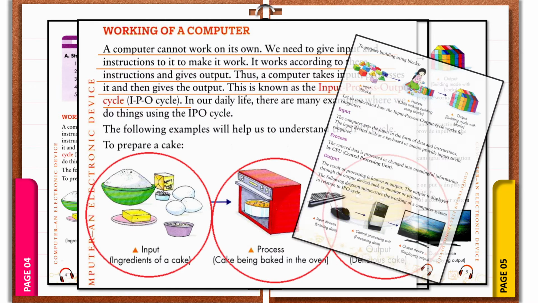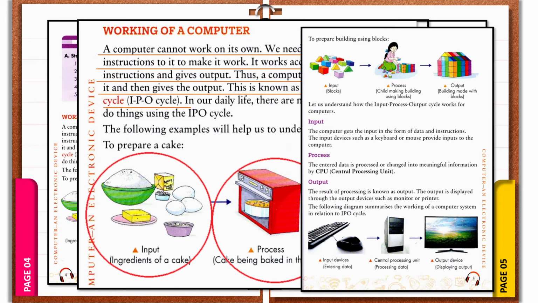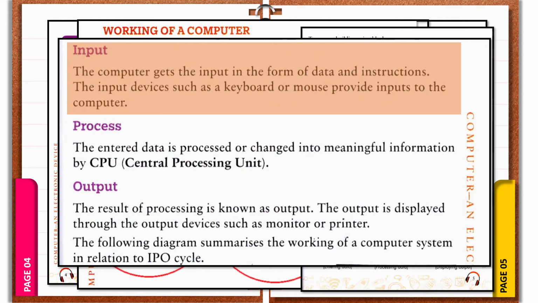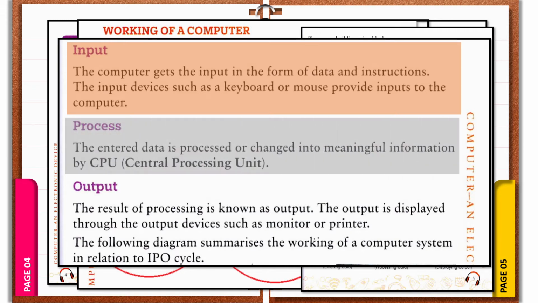Let us understand how the input process output cycle works for computers. Input. The computer gets the input in the form of data and instructions. The input devices such as a keyboard or mouse provide inputs to the computer. Process.